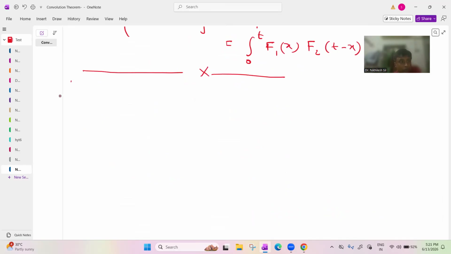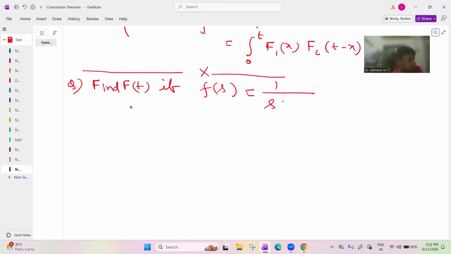Okay. Now come to the question. Find f(t) if F(s) is equal to 1 by (s plus 1)(s minus 2). Okay?